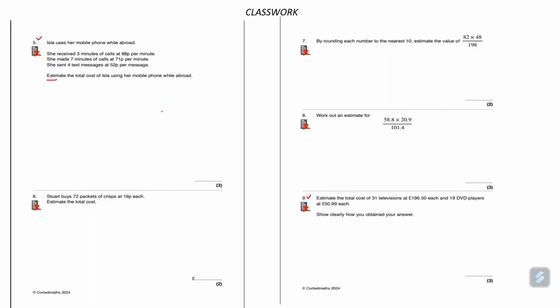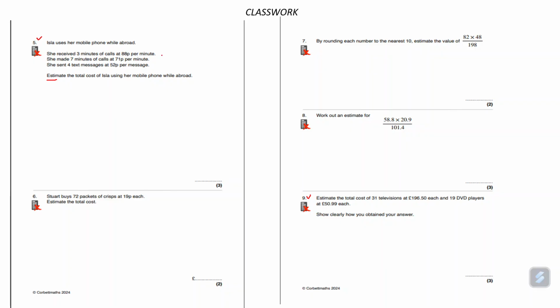Remember what I stated earlier on. Once you have a question that has to do with estimate, you don't just jump into calculation. You need to round first. Once you've rounded, then you can do any of the mathematical manipulation that is involved. So in this case, let's start with the first statement. Isla received 3 minutes of calls at 88 pence per minute. So what we need to do is to round 88p to the nearest 10.